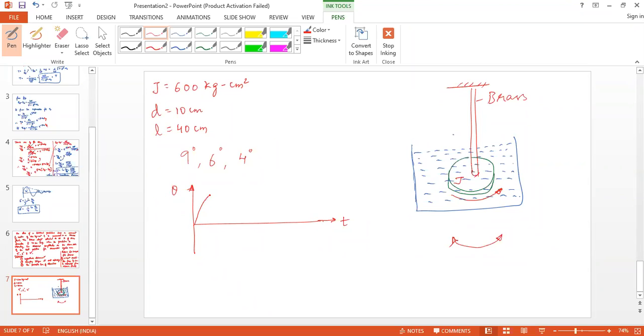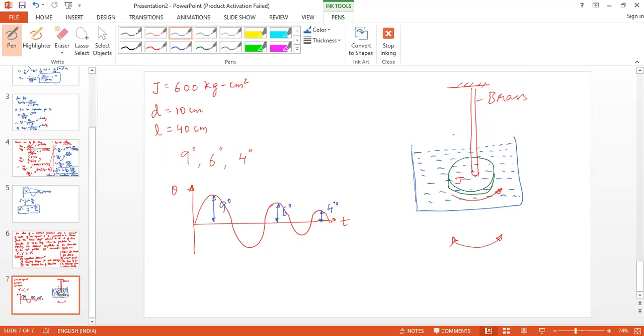So for the first cycle, the maximum amplitude was 9, for the second cycle the maximum amplitude was 6, and for the third cycle the maximum amplitude was 4. This is 9 degree, this is 6 degree, and this is 4 degree. Any doubt with the question?